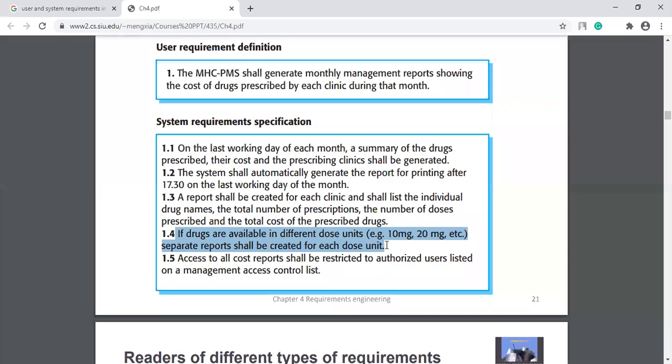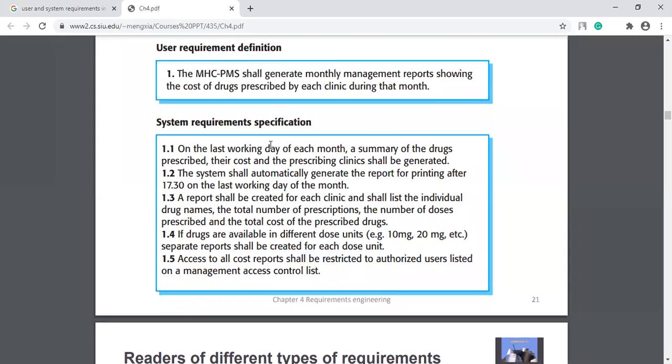Once the data is updated, you can sort it according to date, drug company, or dosage. All these things you can do, and then finally access the cost. This is limited only to the hospital. This is a very confidential report.